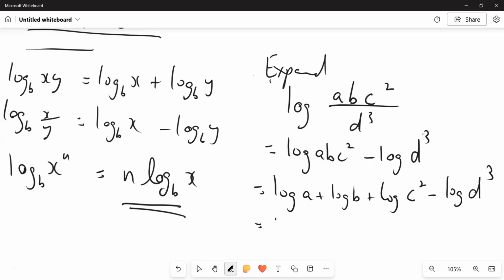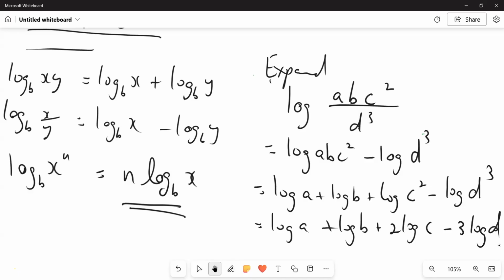Then in your next step, well, you can't do much with this one. But here you can put 2 log C minus 3 log D. Right? So there you use the laws of logarithm to expand out this whole thing.